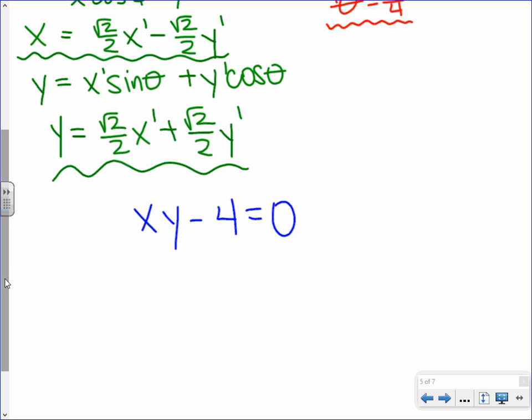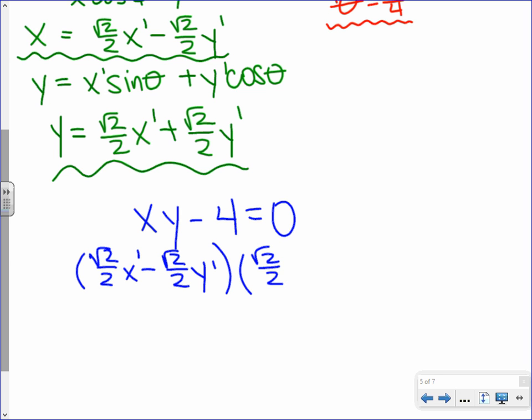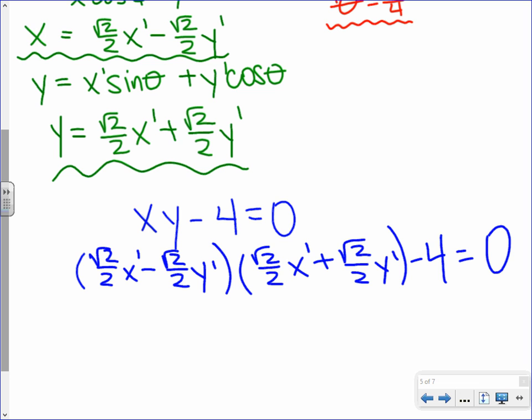But no matter how many x's there are, all of the x's will turn to radical 2 over 2x prime minus radical 2 over 2y prime. And all of the y's will become radical 2 over 2x prime plus radical 2 over 2y prime. Minus 4 equals 0.